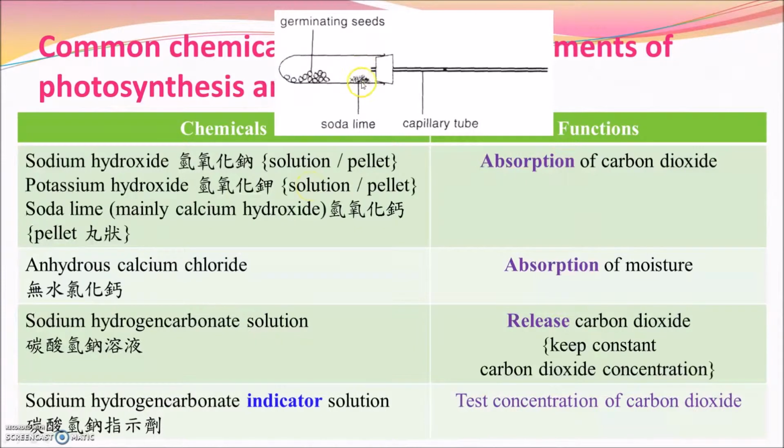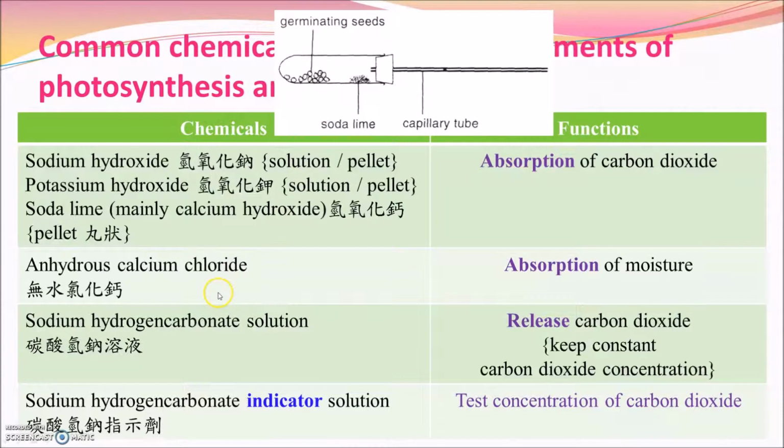The solution may move and soak the germinating seed. When the alkali comes in contact with the germinating seed, it will damage the seed. Later on, we shall not have any result to be observed.